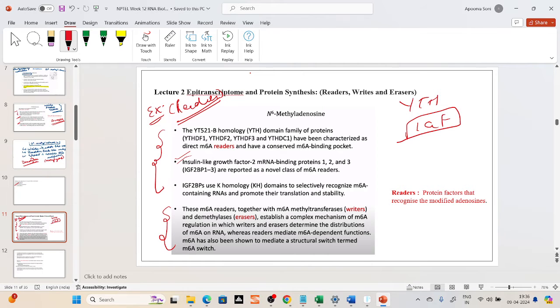So what does it mean? Basically these writers, readers, and erasers are nothing but the proteins that regulate the function of this modification.